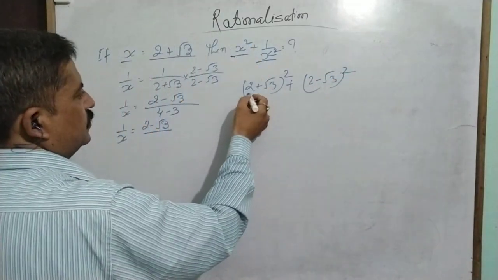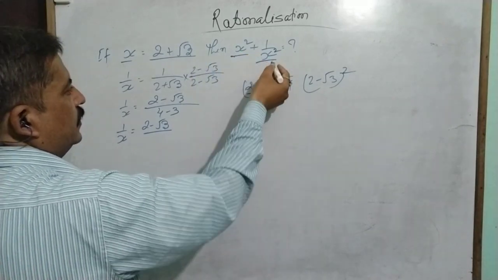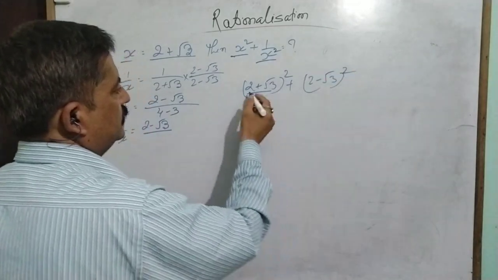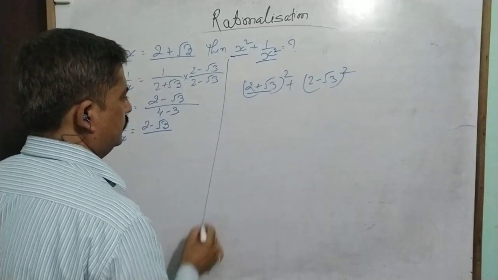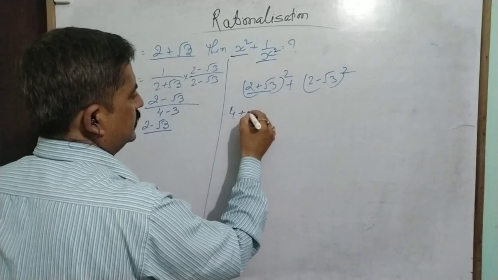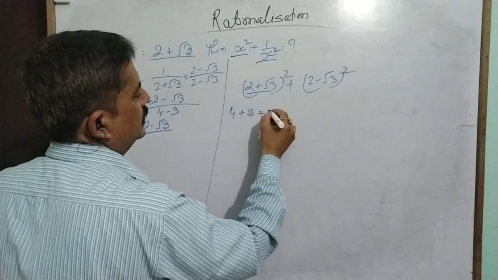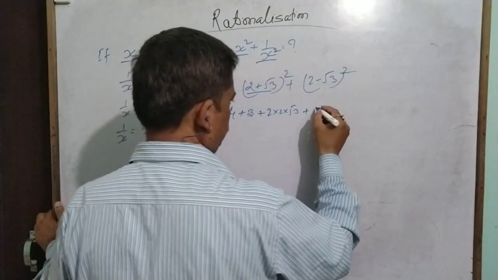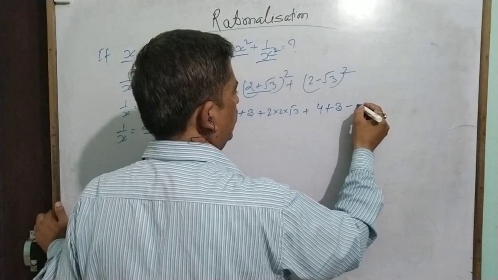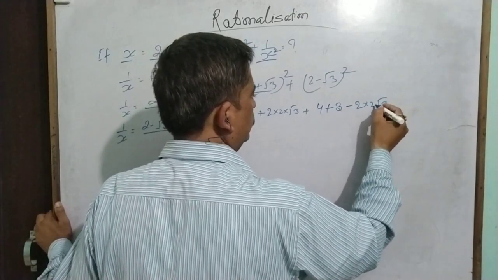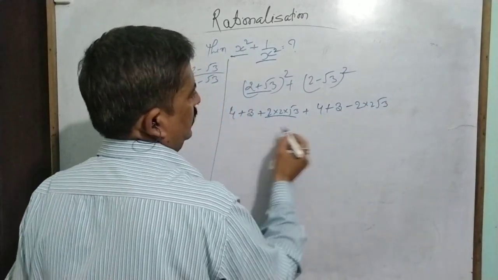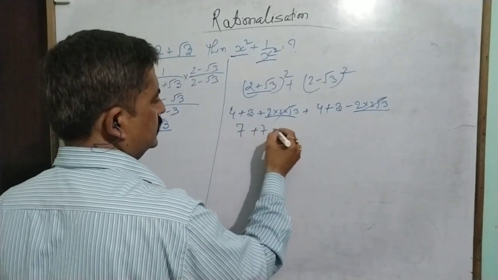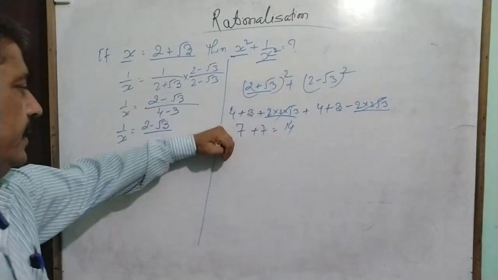So we find 4 plus 3 plus 2 into √3, plus 4 plus 3 minus 2 into 2√3. So plus and minus terminate. 7 plus 7 is equal to 14. That is one way.